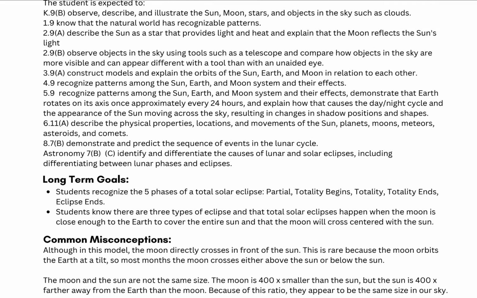The moon's actually 400 times smaller than the sun, but the sun is 400 times further away. So that's why when we observe a total solar eclipse, it appears that the moon is completely covering the sun, as if they are the same size.